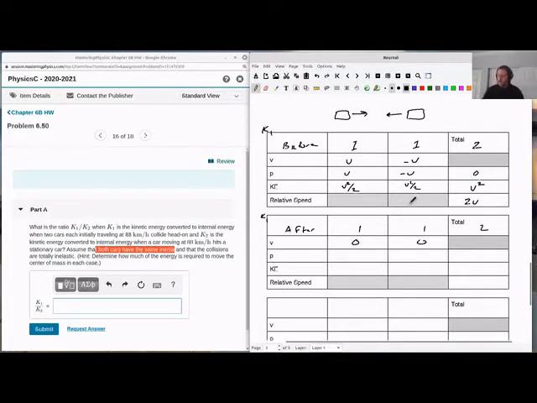And then the momentum is 0 and 0, so the momentum is conserved. And the relative speed becomes 0 because they're stuck together. And the kinetic energy is 0 and 0 and 0. Okay, so that means the amount of kinetic energy that was converted from kinetic energy to internal energy was all of it.